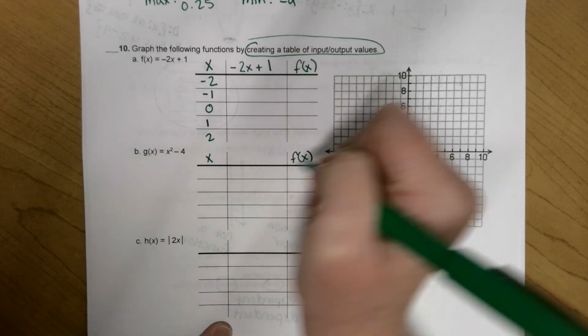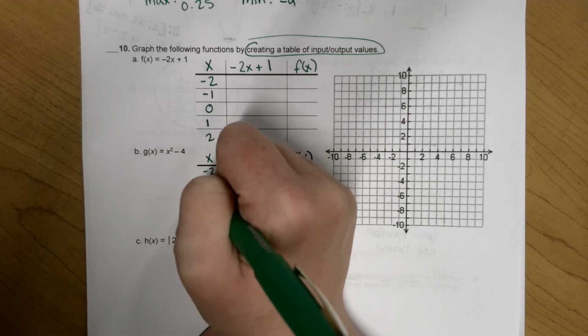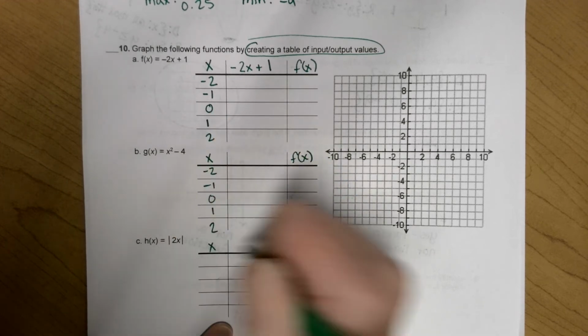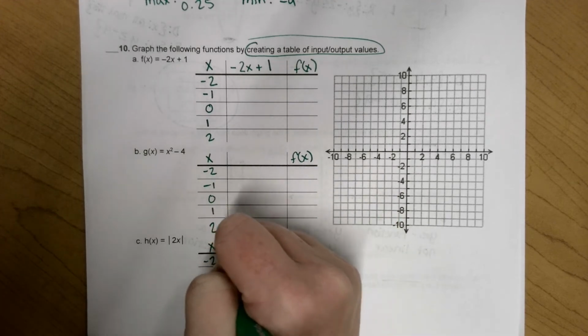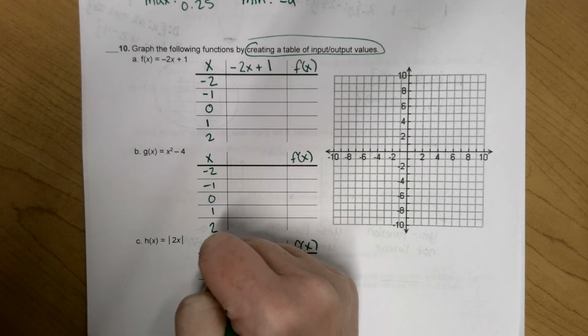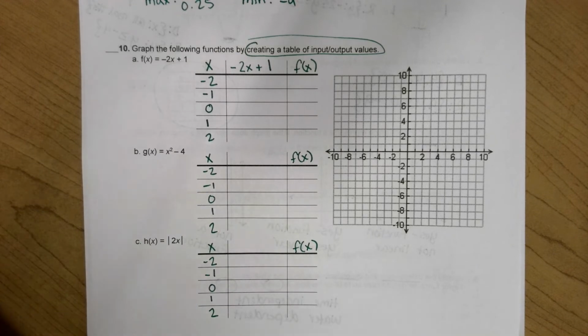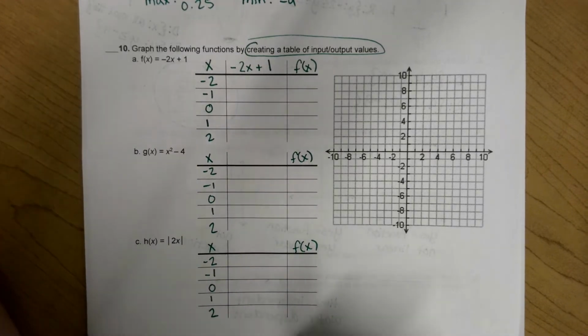You can pick whatever values you want. But for all of these, I believe these are going to be our easiest numbers. Okay, and actually I think I'm going to switch colors so you can see the difference between each function.